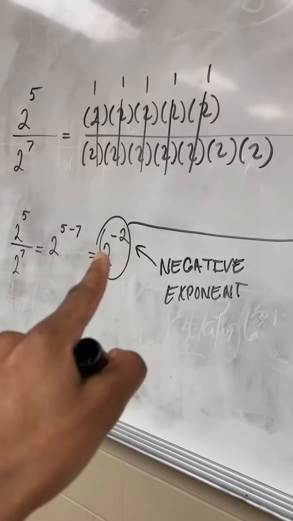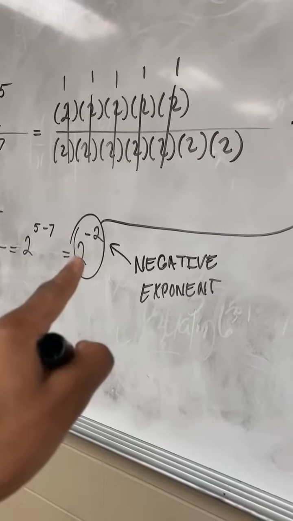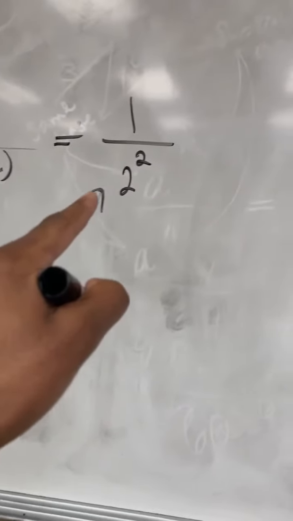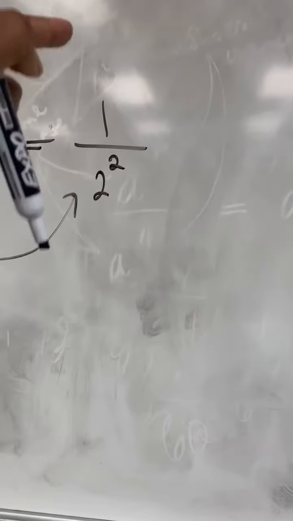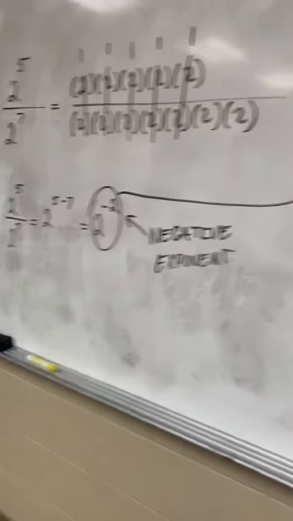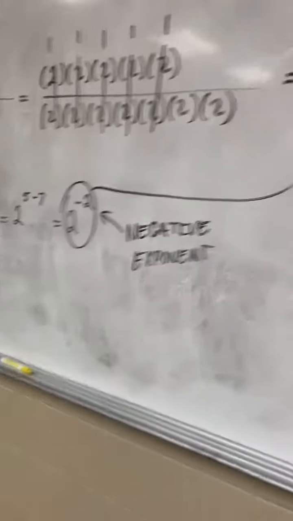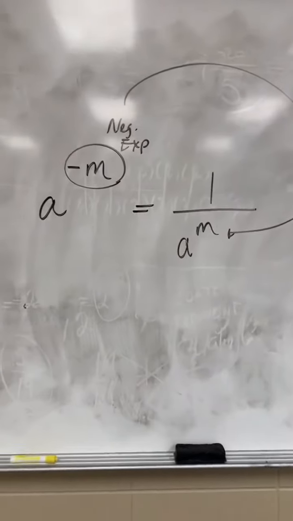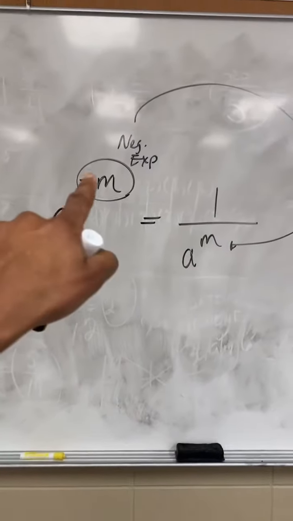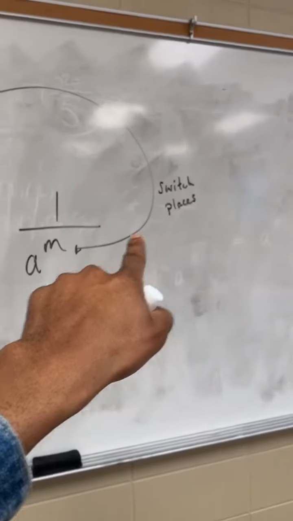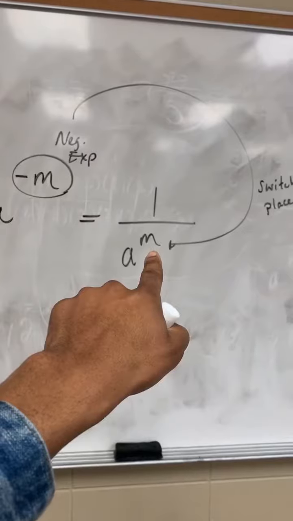So when you see a negative exponent, you can rewrite it as a positive exponent, but you're going to have to invert the number. In other words, you have to turn it into a reciprocal before you change that sign. And that's why these two represent the same thing. They just look a little different. So here's your general rule for the negative exponent. If you have a negative exponent, you can switch places so that it's down at the bottom, or vice versa.